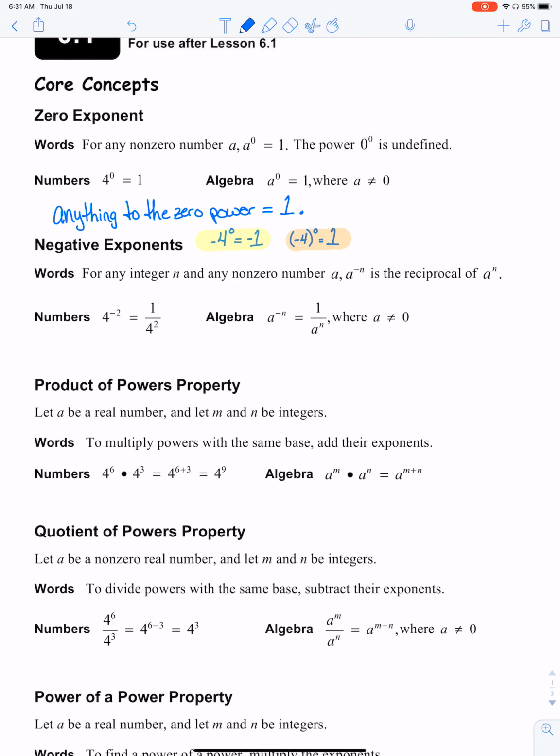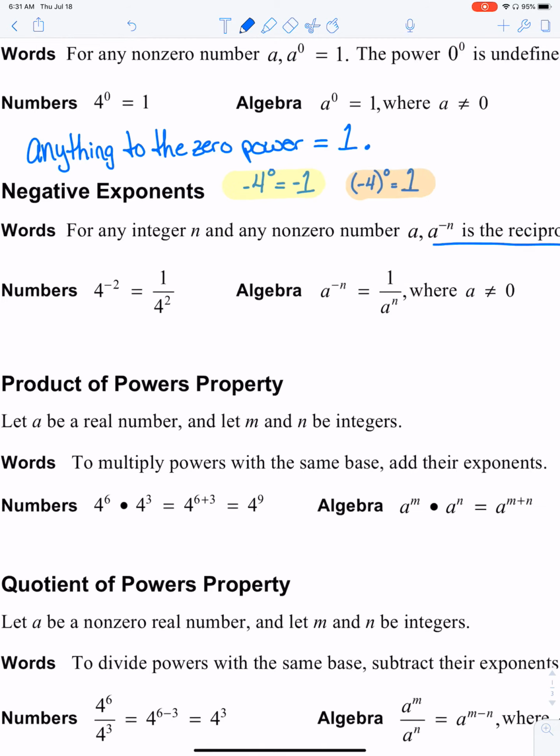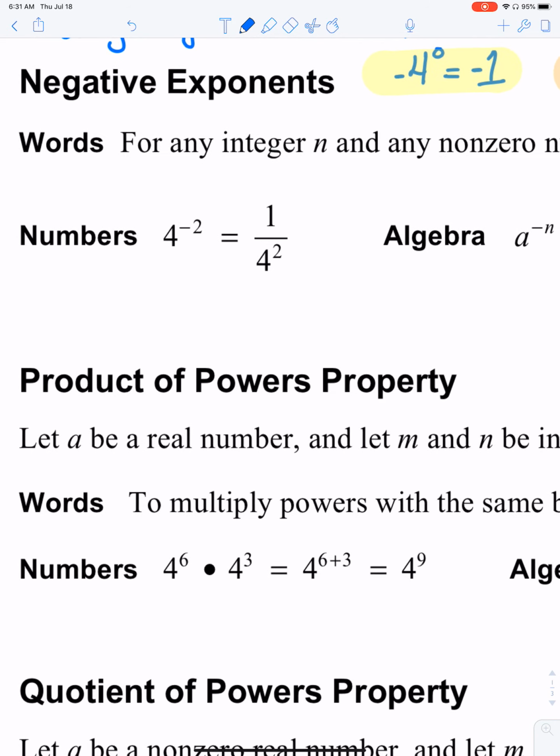Negative exponents. The technical definition is a to the negative n is the reciprocal of a to the n. However, I like to put it in simpler terms as either bring it to the bottom or bring it to the top. So 4 to the negative 2, that's over the imaginary 1. So you need to bring that 4 to the negative 2 down.